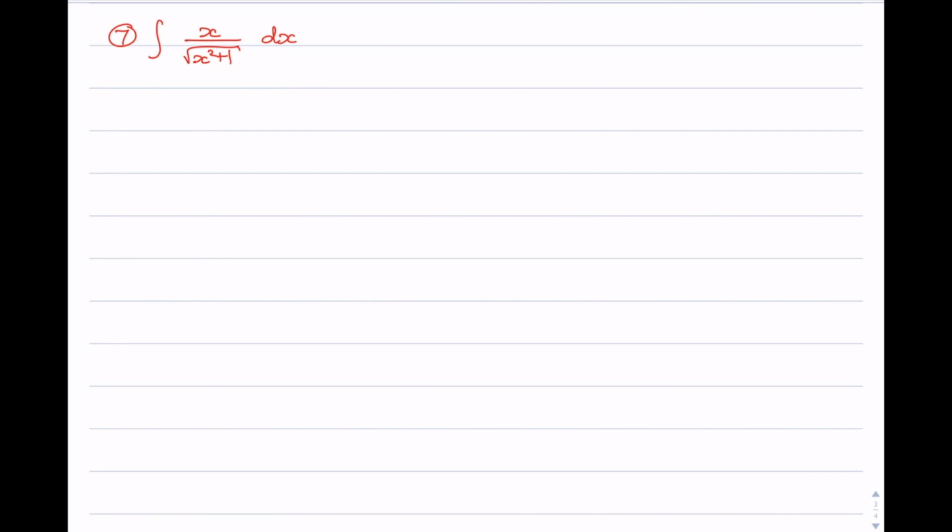Here we do have an x in the numerator, so we might start to think about that form that we were looking at, f dash of x over the square root of f of x. So in our case here, f of x is going to be x squared plus 1, and the derivative of that is going to be 2x, which is similar but not exactly the same as what we have, but that's not a problem because we can just multiply by 2 and divide by 2.